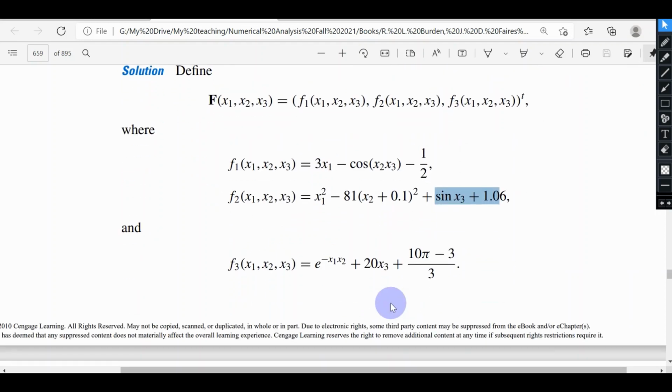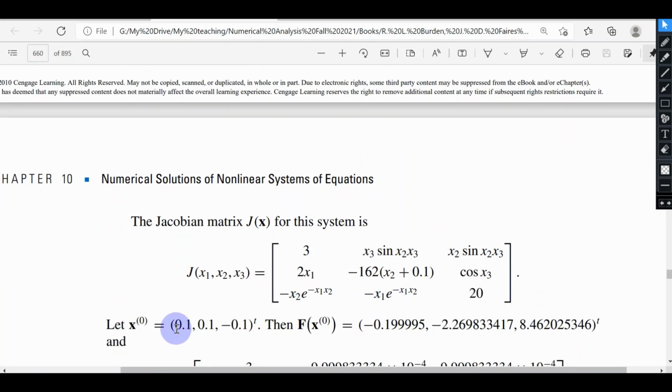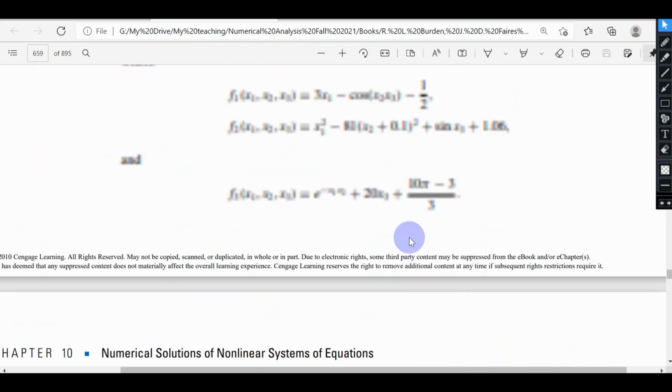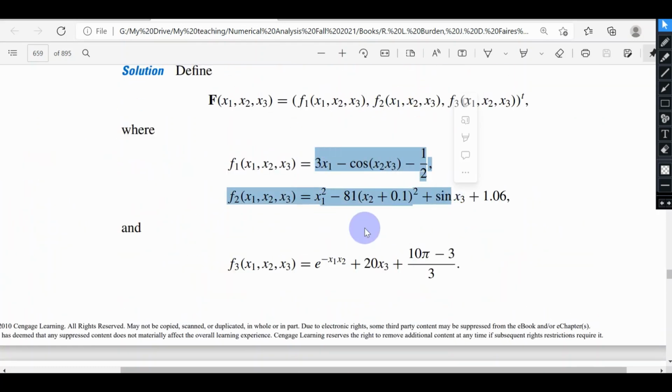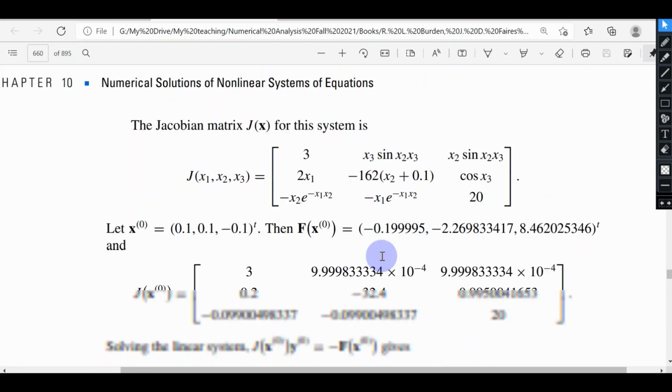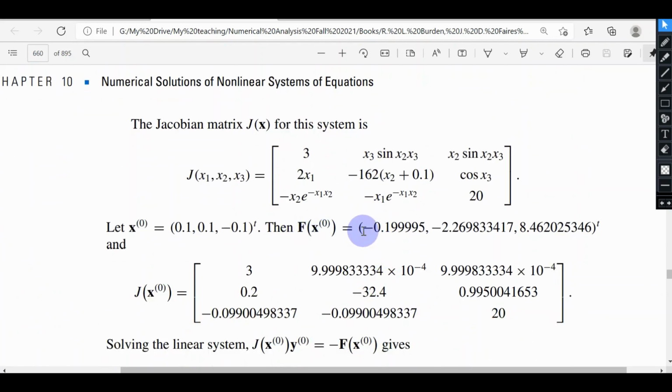So I have to put the value of x1 0.1, x2 0.1 and x3 minus 0.1 instead of x1, x2, x3 here, and I will get some constant number. After putting all these values, I will get this vector. This is f at x naught, zeroth iteration. This is capital F. Similarly, I will compute the Jacobian at the initial guess, and I will put all the values x1, x2, x3 where required to compute the Jacobian at x naught. So now all these values are numbers.